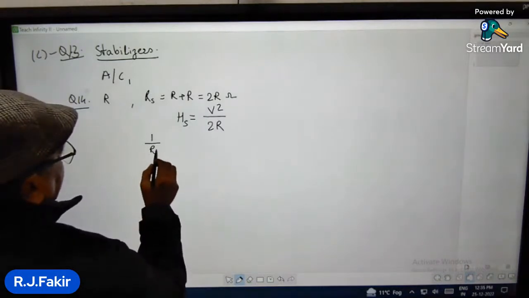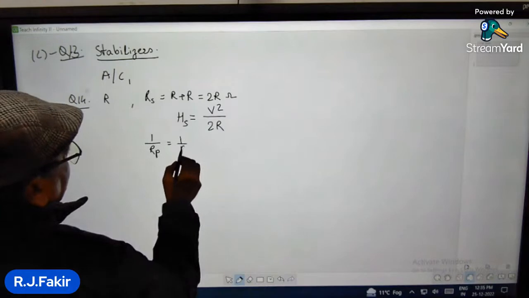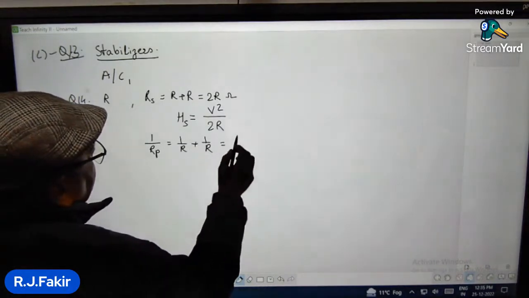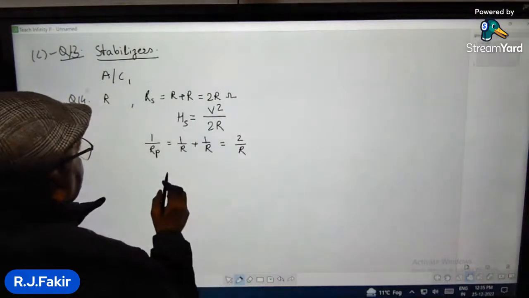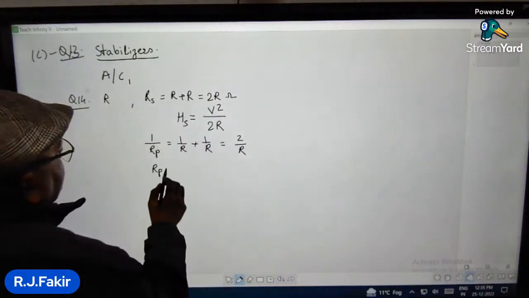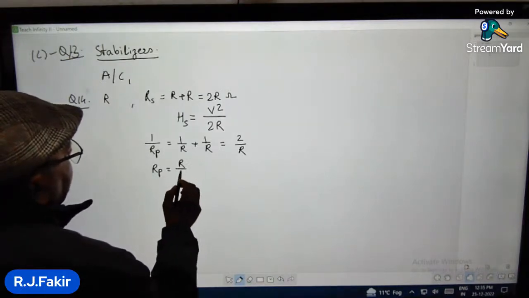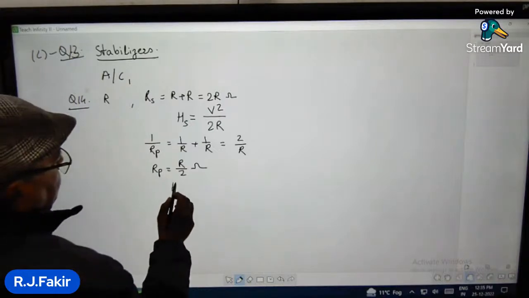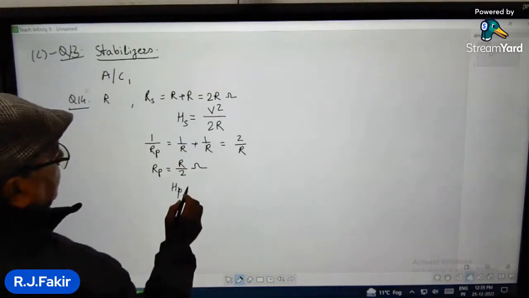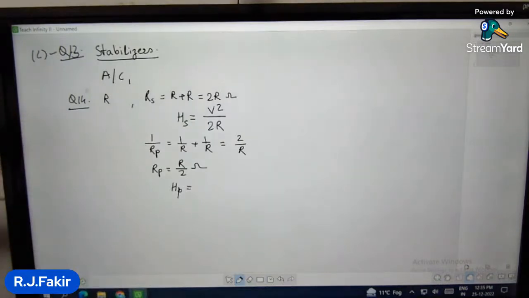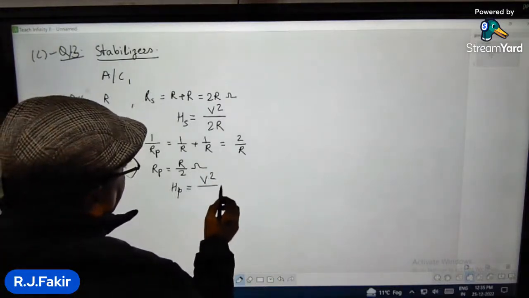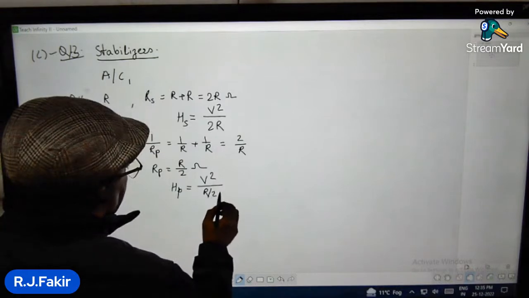Resistance in parallel will be 1 by R plus 1 by R, that is 2 by R, and the resultant resistance in parallel will be R by 2 ohm. So the heat produced in parallel combination will be given by V square upon R by 2.